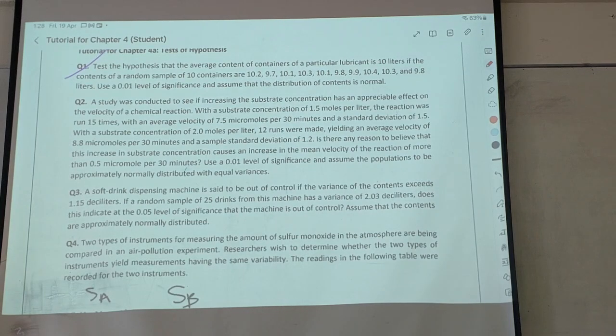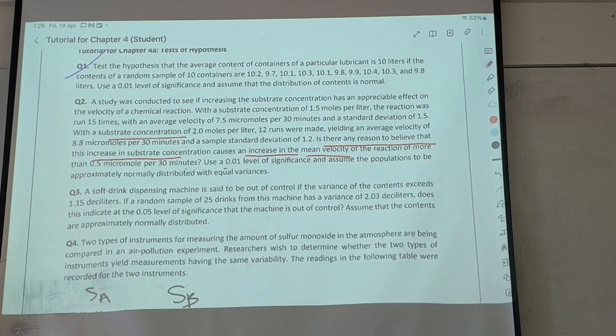There are two categories because they are using two different substrate concentrations. Is there any reason to believe that an increase in the substrate concentration will cause an increase in the mean?